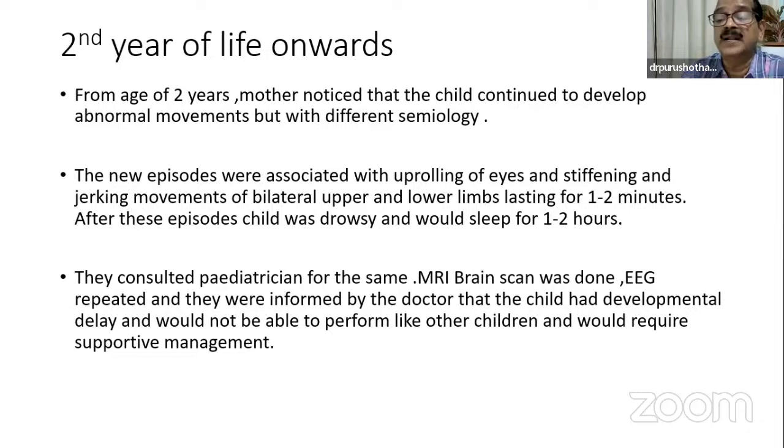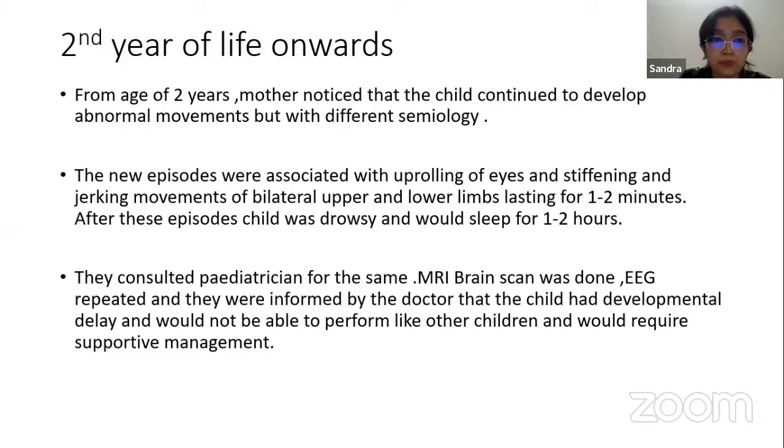So more than one type of seizure semiology is happening, and that is important. When a child like this is developing seizures and another type of seizure, there may be an underlying problem of migration disorder. It need not always be right, but you need to consider that point.